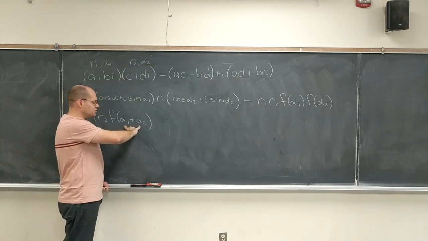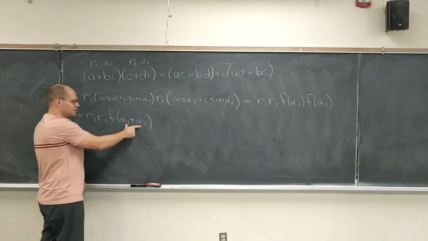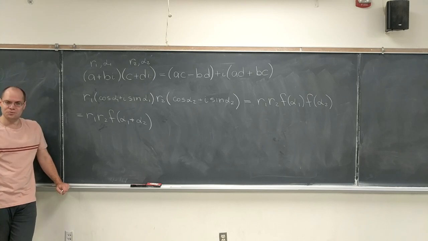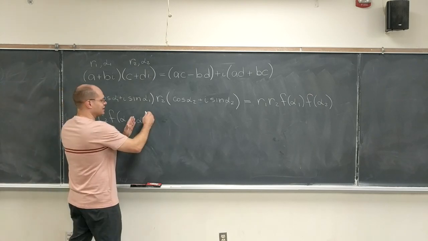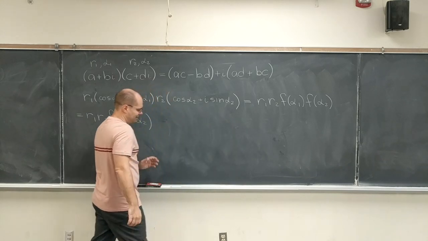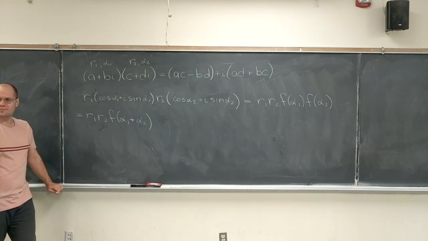So to multiply two complex numbers, you multiply their absolute values and you add their arguments. And that's really putting it in words. I don't think I need to write it out as cosine of alpha 1 plus alpha 2 plus I sine of alpha 1 plus alpha 2. So I'll just leave it like this.